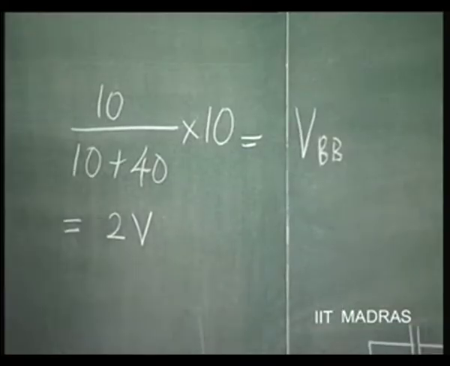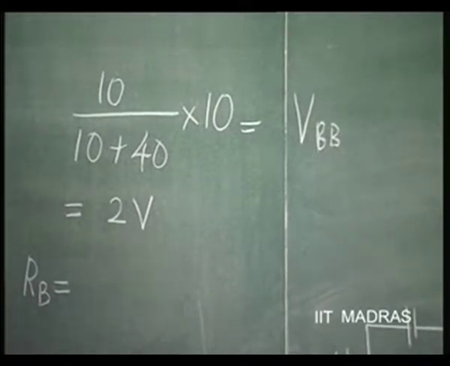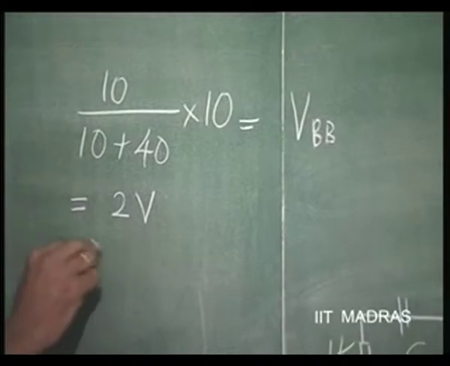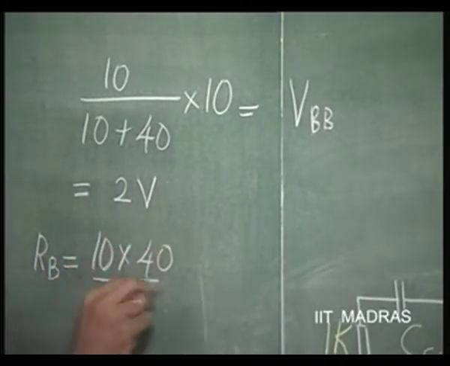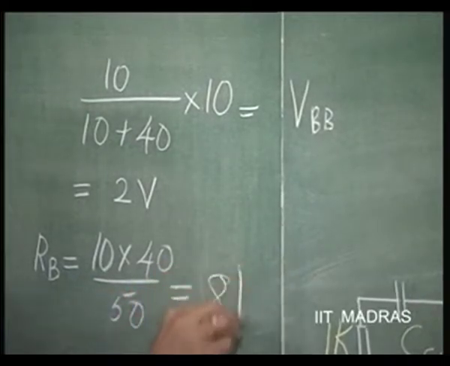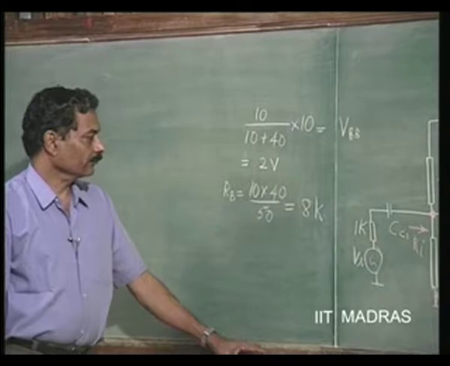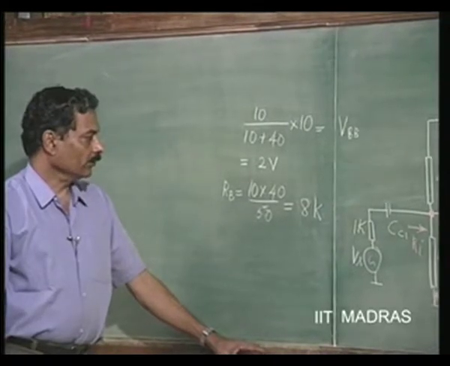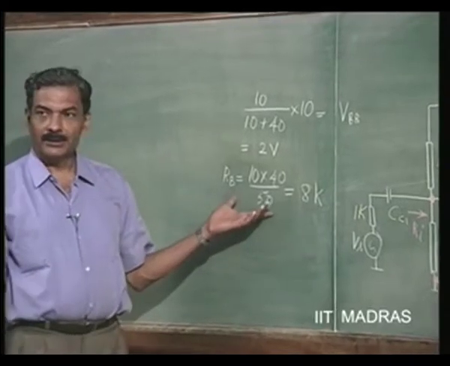And the Thevenin's resistance, which we have been calling RB, which comes in series with these 2 volts, is 10K parallel 40K, which is 8K. So, RB is 8K.